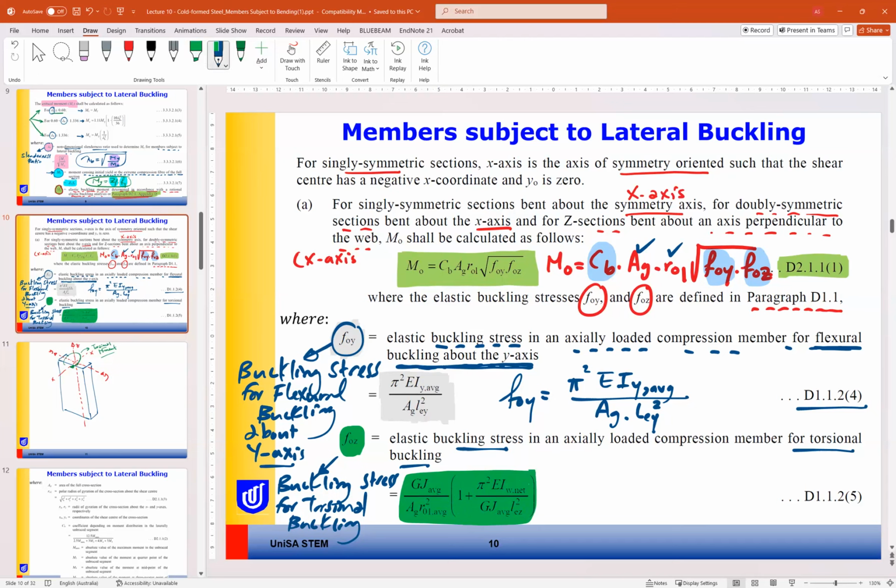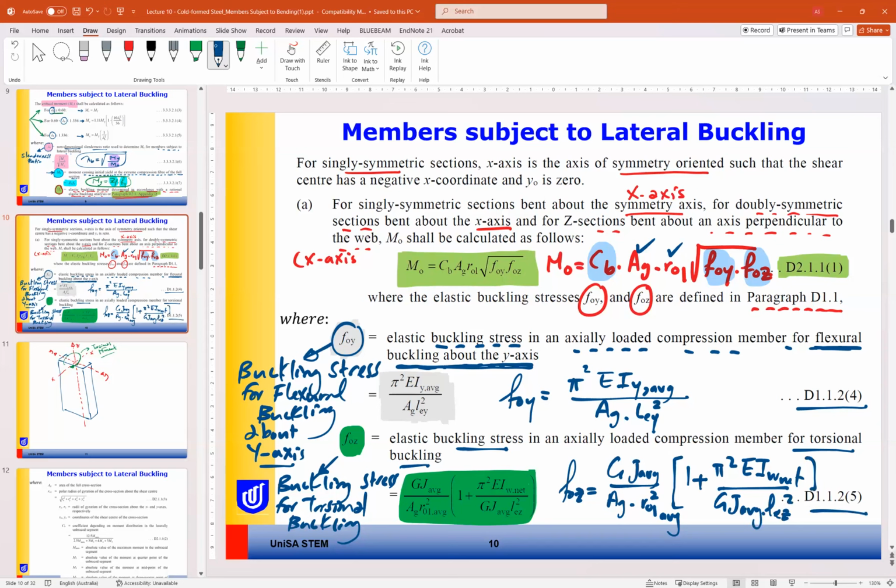So we have FOZ equal to J average divided by A gross times RO squared average, multiplied by 1 plus pi squared IW net divided by J average LEZ squared, or equation 1.1.25.